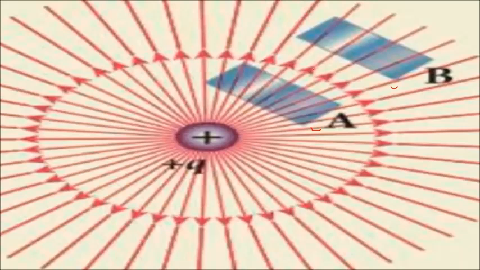The electric field strength for a point charge decreases as the distance increases. So the effect of the electric field at this point is lesser compared to point A. The strength of the electric field at point B is lesser compared to point A. So for a point charge, electric flux also decreases as the distance increases.